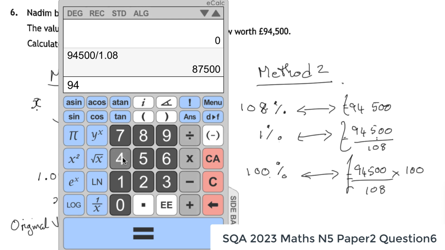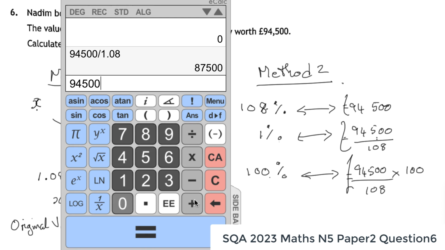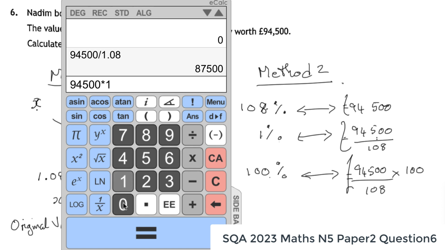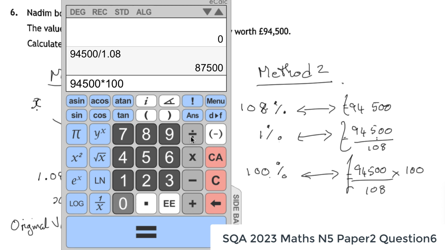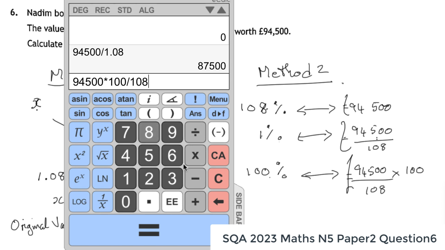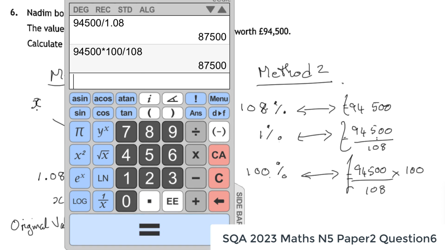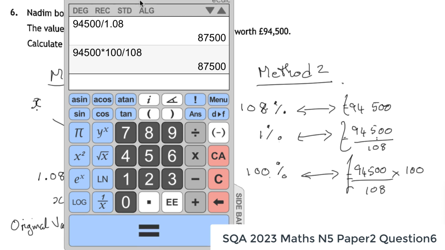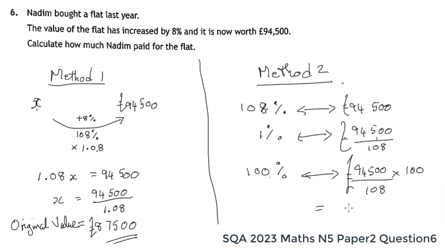Let's hope it works out exactly the same as before, or I think I'll give up my job of teaching mathematics. Let's check that. Well, thank goodness for that. I'm still in a job. So that's 87,500. And that's the original value.